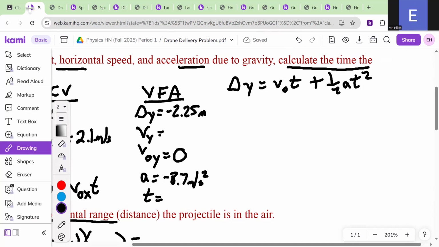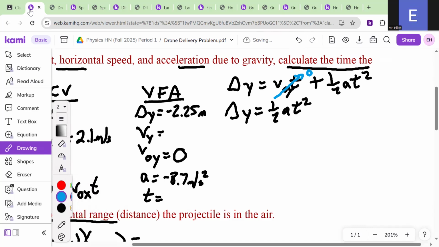But here's the catch. Just like we put V naught x t over here, we have to put V naught y t over here. Now remember, guys, V naught y is equal to 0, yes? So 0 times t cancels the whole middle term. And you will get delta y equals 1/2 a t squared.